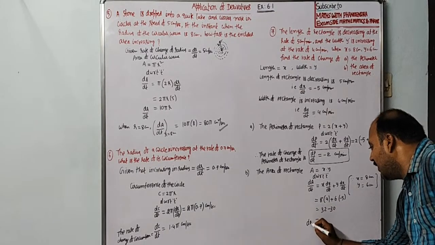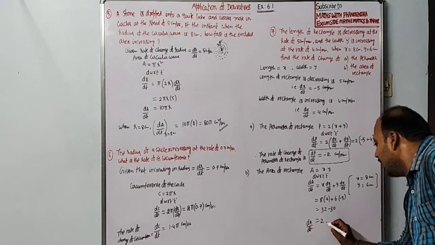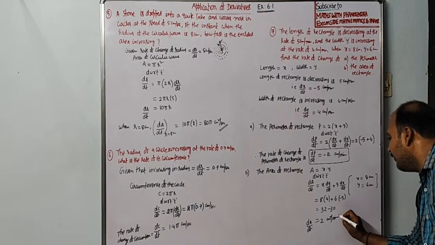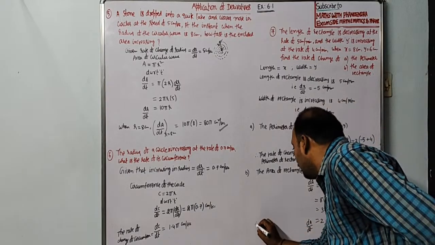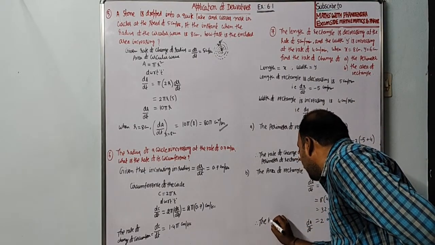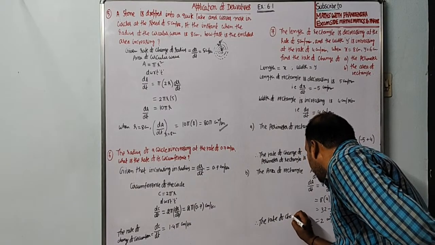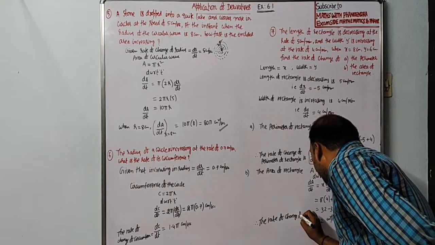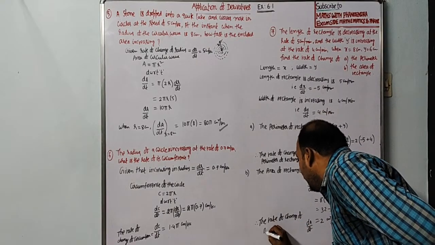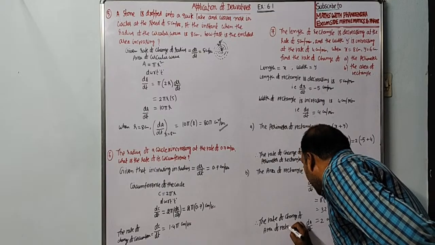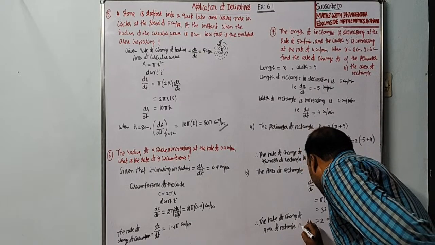Area means dA by dt, and area means centimeters square per minute. Therefore, the rate of change of area of rectangle is 2 centimeter square per minute.